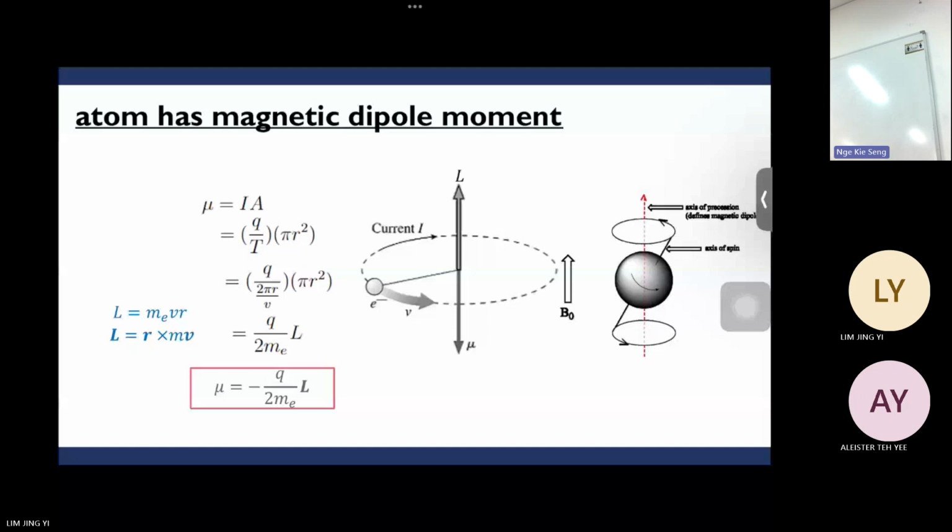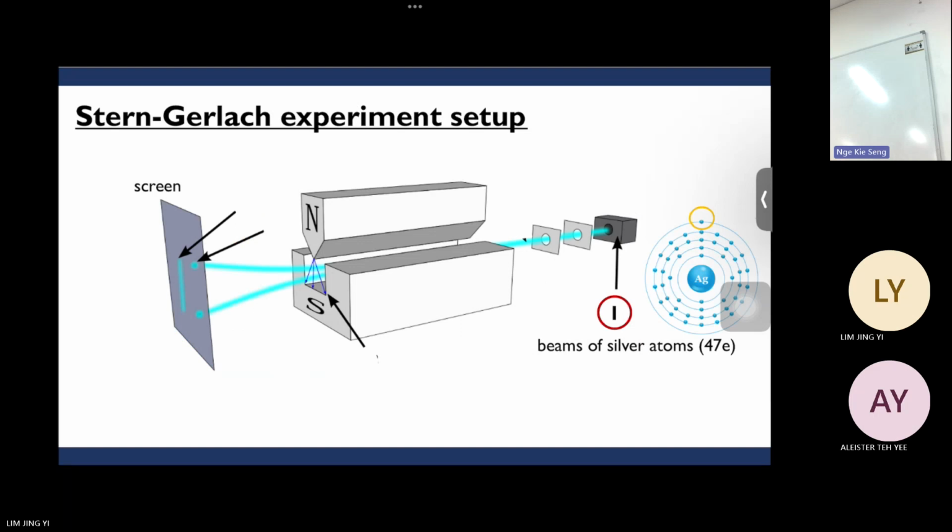And the orbital angular momentum, R cross V, always points upward. So the direction of the angular momentum and the magnetic dipole moment are always in opposite directions. So we'll put a negative in it. Yeah, it's not showing, but there will be a negative in it.